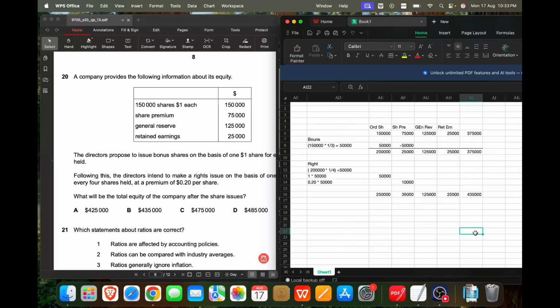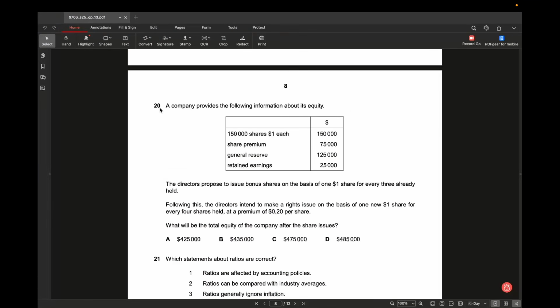So it's increasing from 375,000 to 435,000, and that is the total equity that we have after all this issue. So the correct answer for question number 20 is B, $435,000.